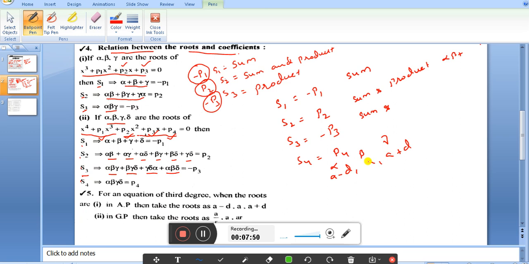Its roots are alpha, beta, gamma, that we can take as a minus d, a, a plus d when they are in AP. When the given roots are in GP, that is the geometric progression, a by r, a, a r, these are the roots of the given equation.